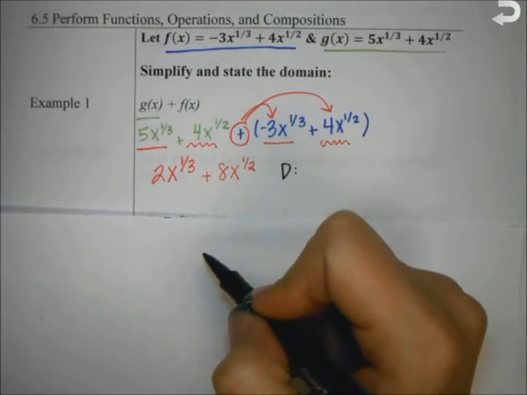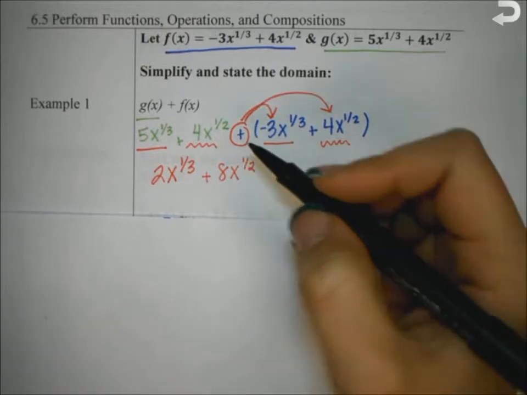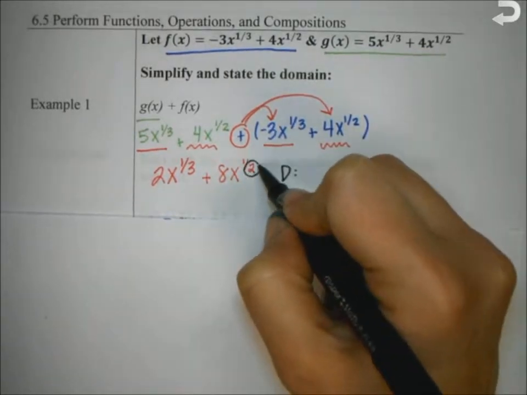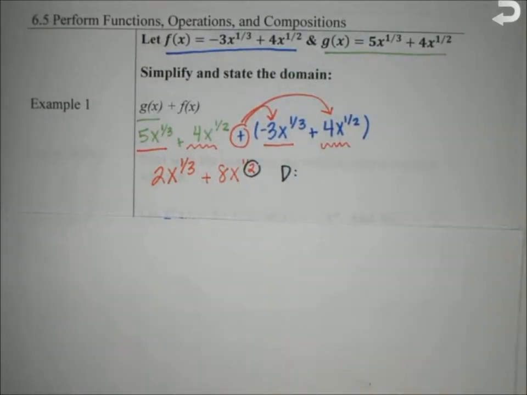If I'm raising something to the 1/2, what am I actually doing? Taking the square root. If I want only real answers, can I have a negative in the square root? No. If I have a negative in a square root, that means my answer is going to be imaginary, right? We only want real numbers in this case.